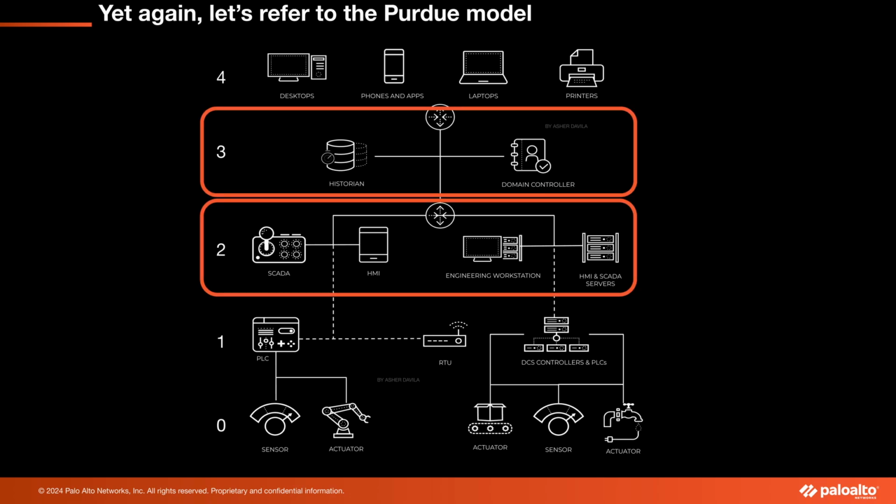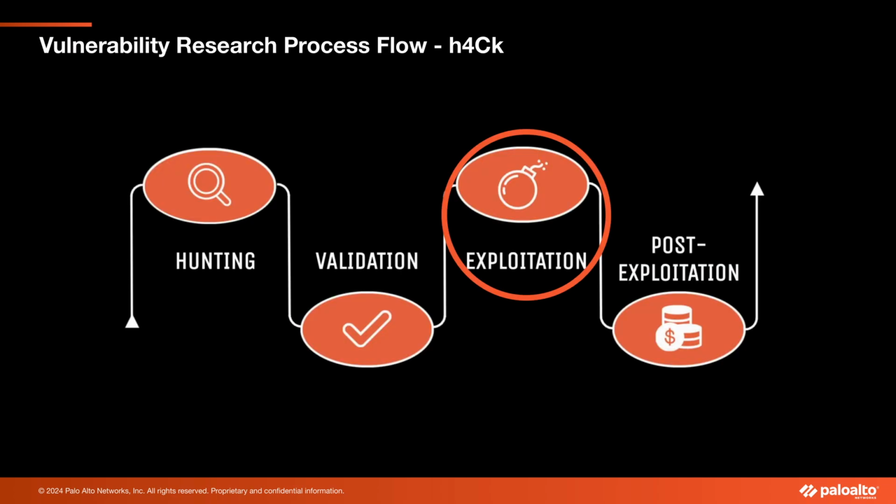On level 2, Iconics Suite can be used to control SCADA devices using HMI, and it can also be implemented on engineering workstations, HMI servers, and in writing data into servers like the historian, right? That is also controlled by Iconics, and user access is defined by domain controllers. So it operates on both levels 2 and 3, and let's see if we can do something to bypass this.